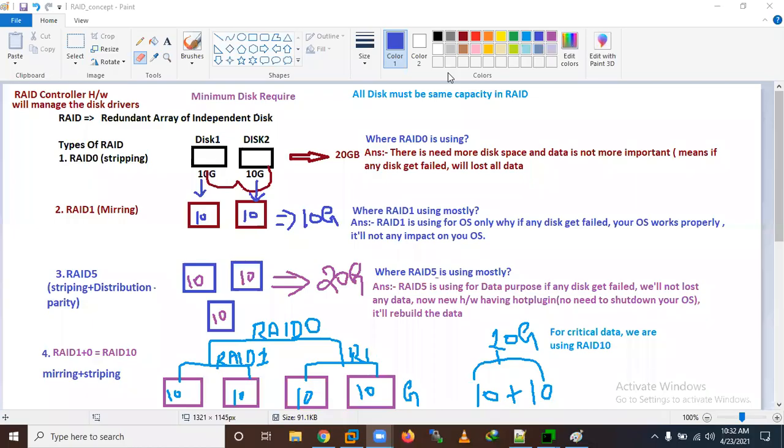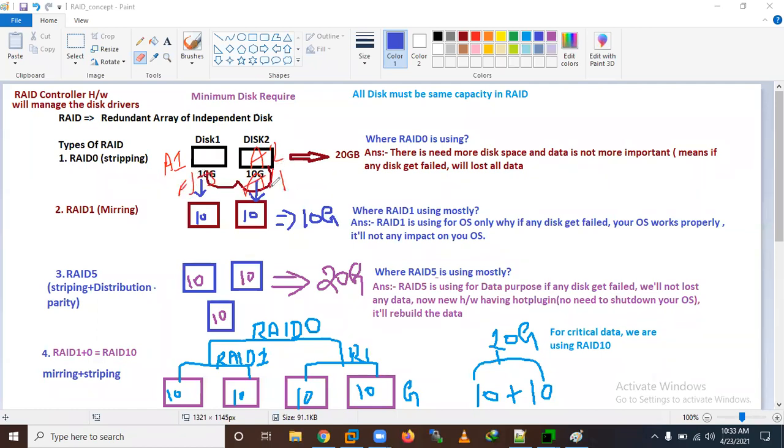Block striping means your data is written across the disks. For example, A1 data is written here, A2 here, A3, A4.